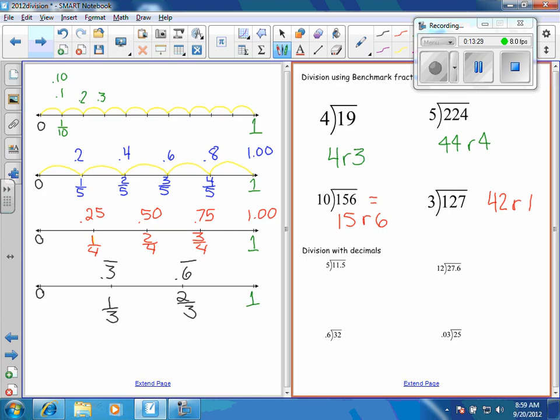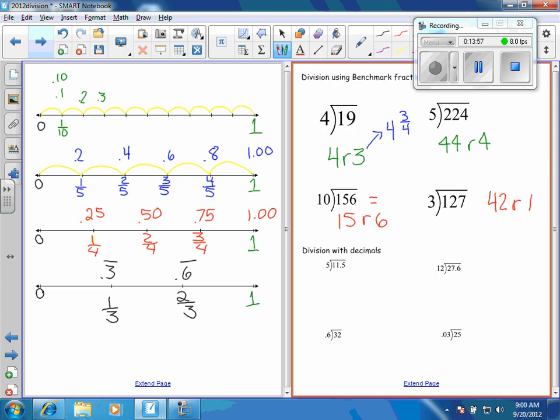Okay. So there's a process that you guys can use to change these answers to decimals, which is usually what most people in the world use, decimals in science. Sometimes you'll want a remainder, but a lot of times you want decimals. So if you know your remainder and you know what you were dividing by, you can change your answer for remainder 3 into a fraction first. And so the fraction answer would be 4 and 3 divided by 4.